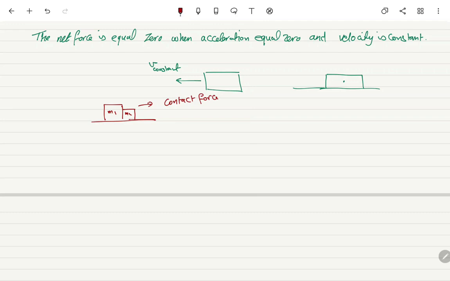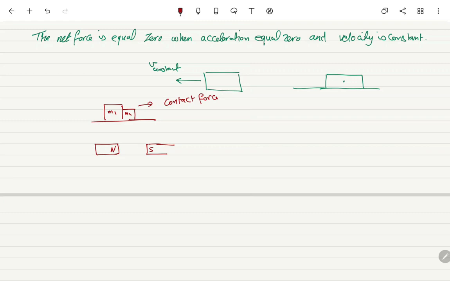The other class of forces is the field force. Example, if we have here two magnets, this is the north, and this is the south here.